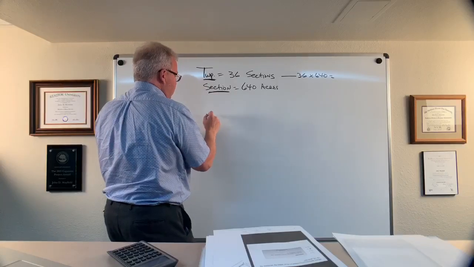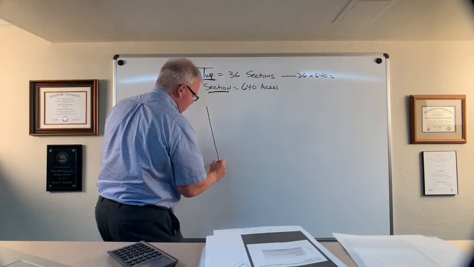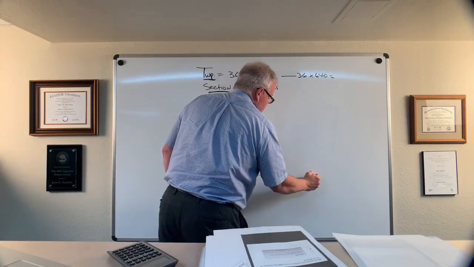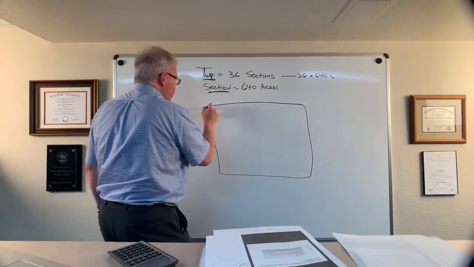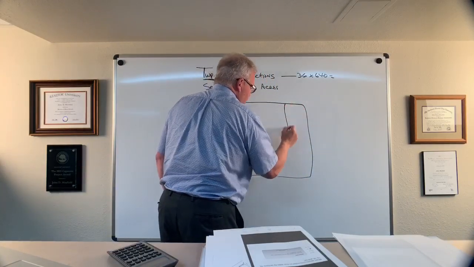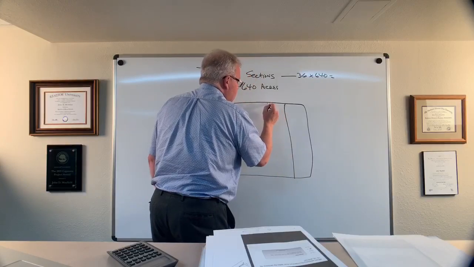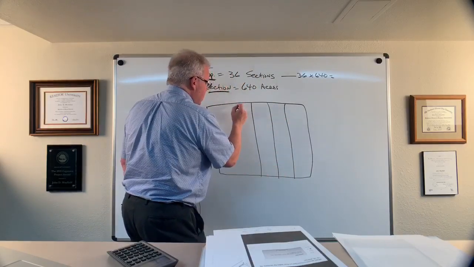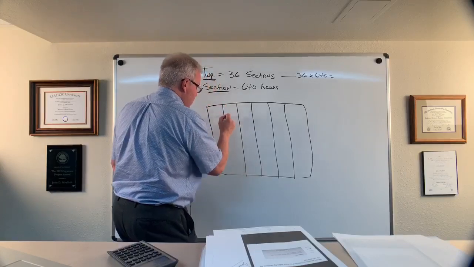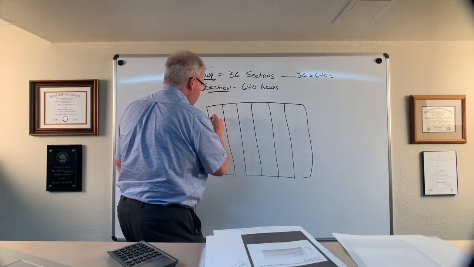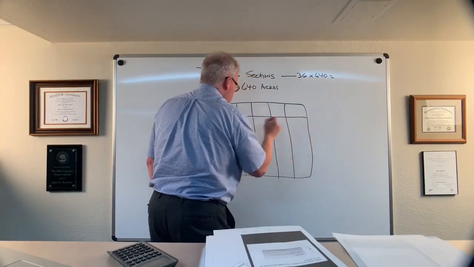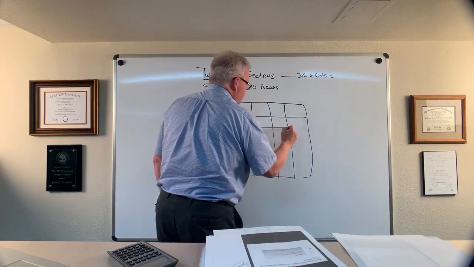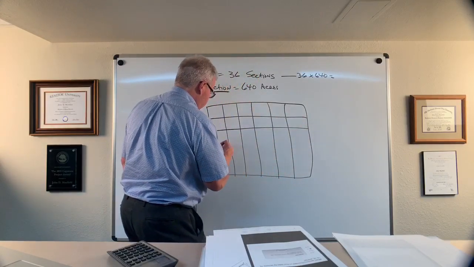Let's take a look at a township, and we'll look at a section as well. So here's a township. Now, we're going to have 1, 2, 3, 4, 5, 6, and now I'm going to go across this way. This is part of the Government Rectangular Survey System.